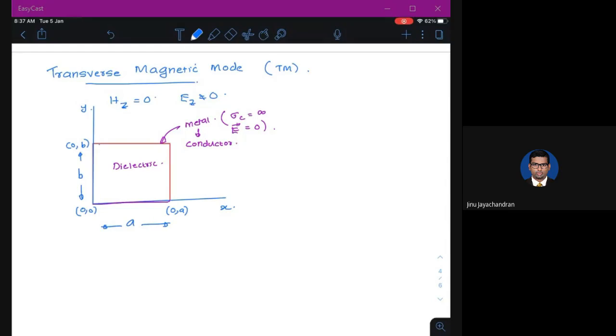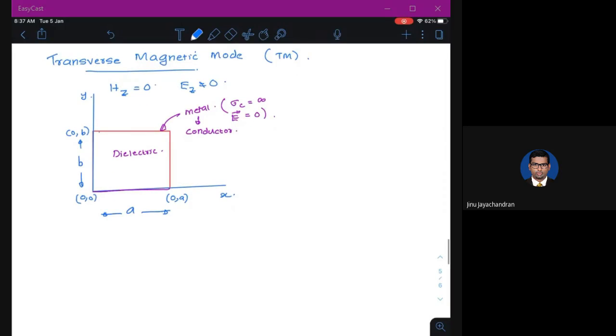Okay, so what do you mean by this? Let me write that at the dielectric, metal or conductor boundary. This we have already seen, that either you can assume or you can argue that in a metal the electric field is 0, or you have the conductor interface where there won't be any electric field. So in this case, at the dielectric metal boundary, only on those boundaries, the value of Ez is 0.